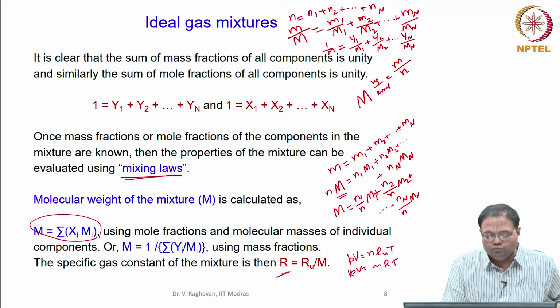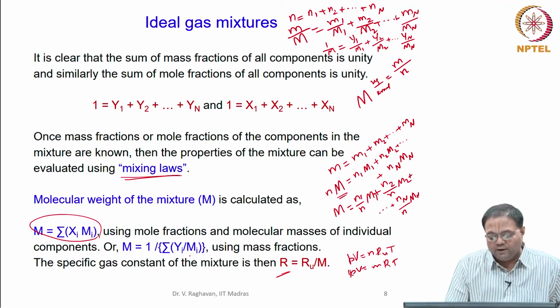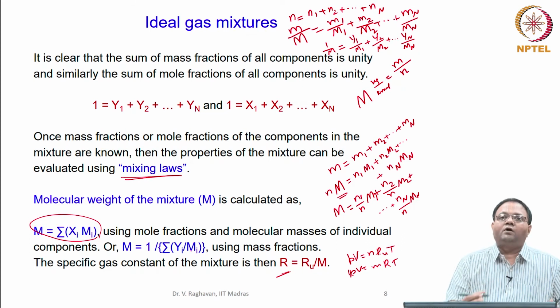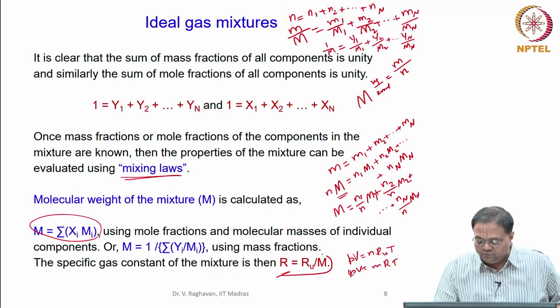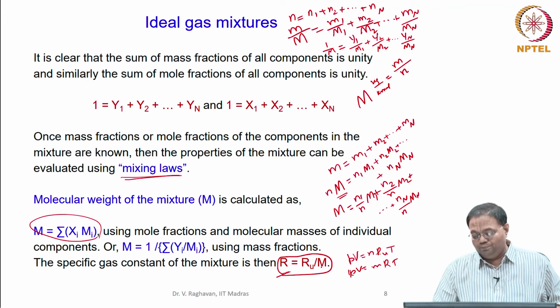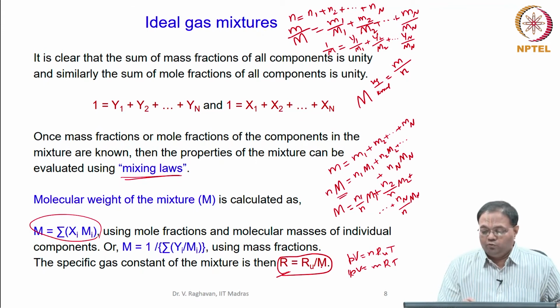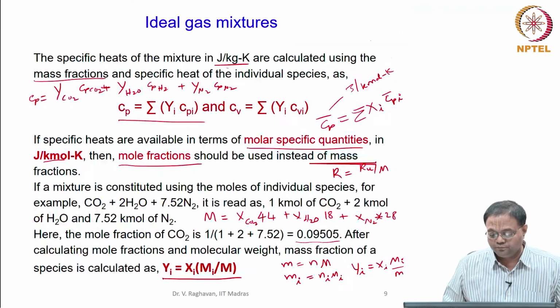Similarly, you can use the mass fractions. Mass fraction divided by its molecular weight and summed up, its reciprocal will be equal to the molecular mass of the mixture. So, once you know the molecular weight, I can calculate the specific gas constant of the mixture, Ru by M. So I have just tried to derive these equations here.